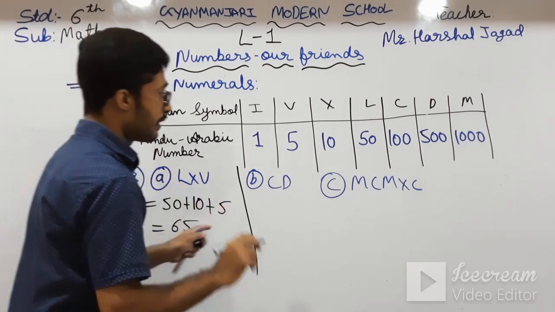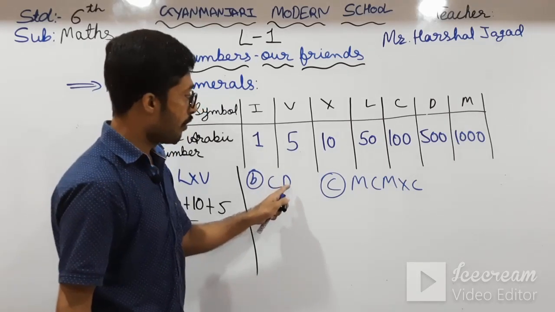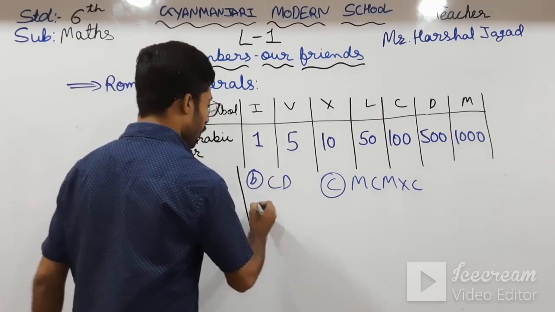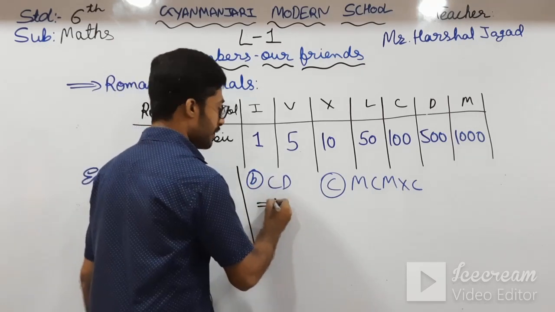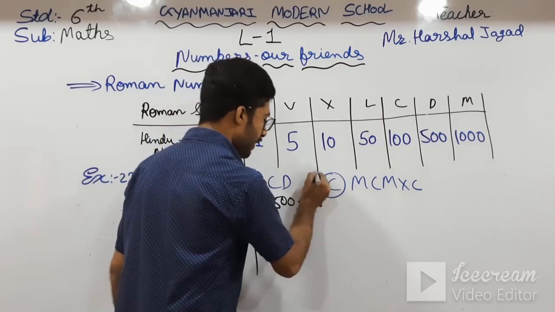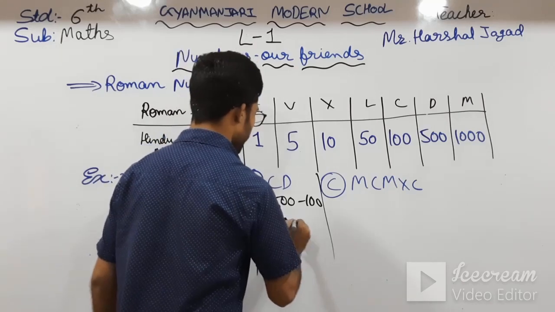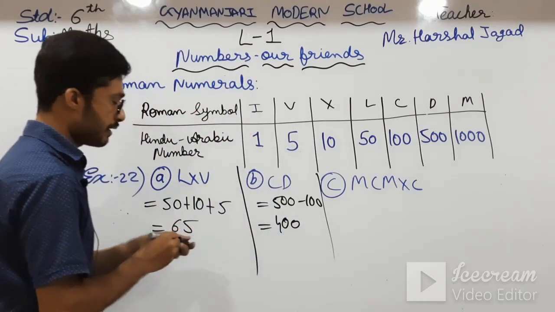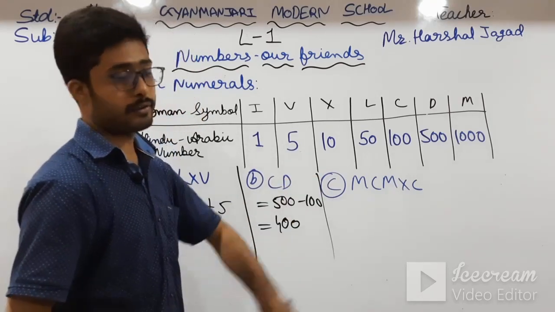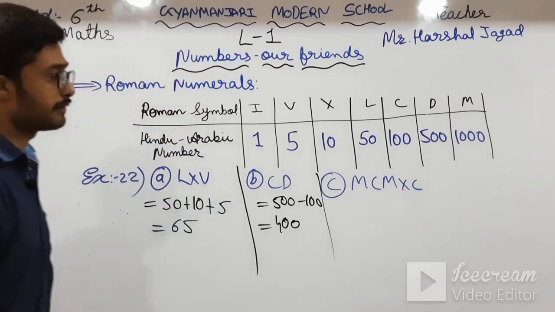Here D has the bigger value, and before that is a smaller value. So what we will do, D means 500 minus C, that is 100, is equal to 400. Okay students, this is 400, and this one, first of all do it by yourself, then after that I will solve it.